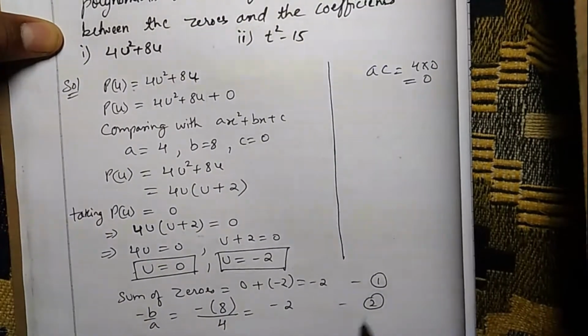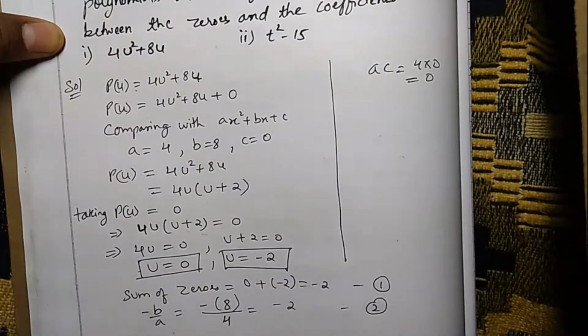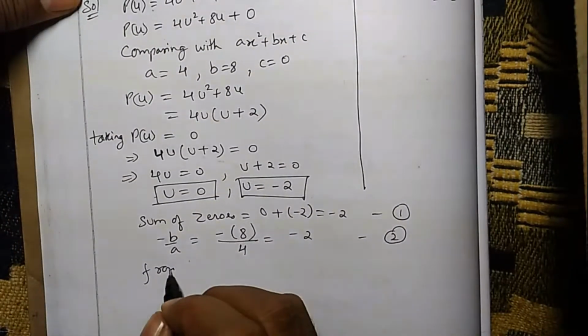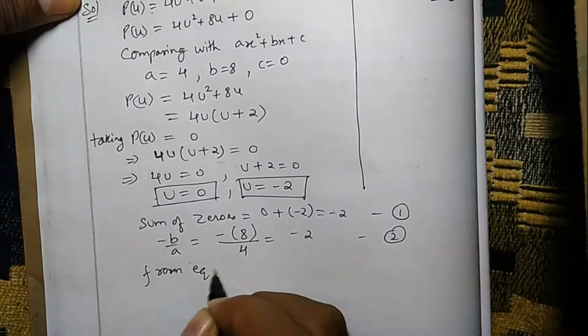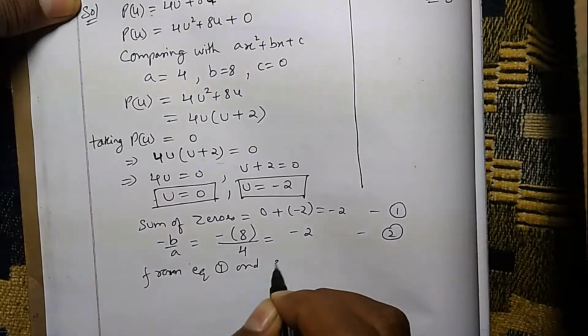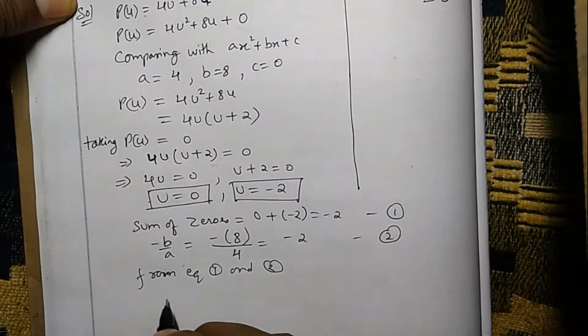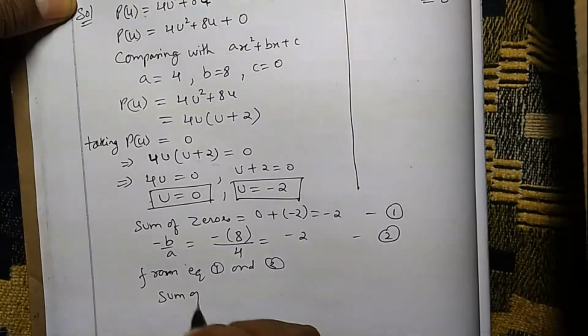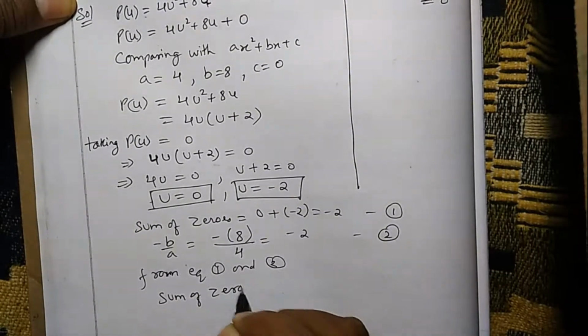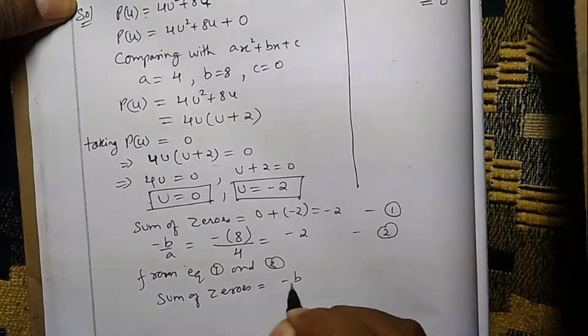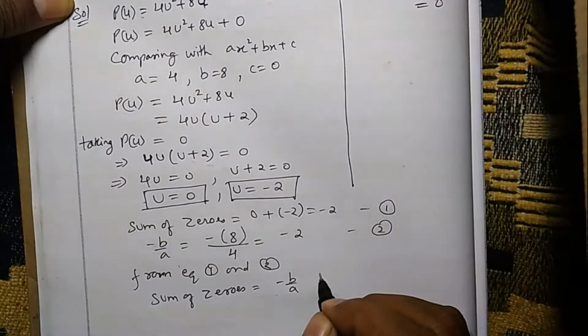This is our equation 2. From equation 1 and 2 we can say that sum of zeros equal to minus b upon a, so it is verified.